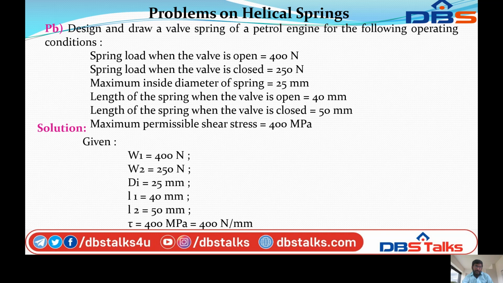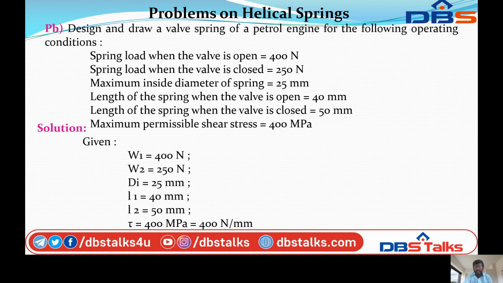Maximum inside diameter of the spring Di is equal to 25 mm. Length of the spring when the valve is open, L1 is 40 mm. Length when the valve is closed, L2 is 50 mm. Maximum permissible shear stress is tau 400 megapascals.